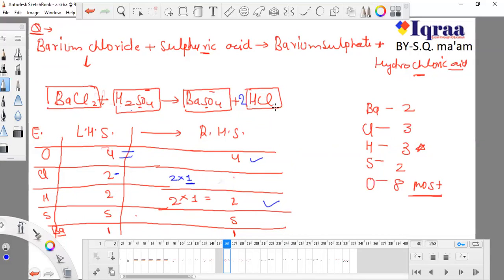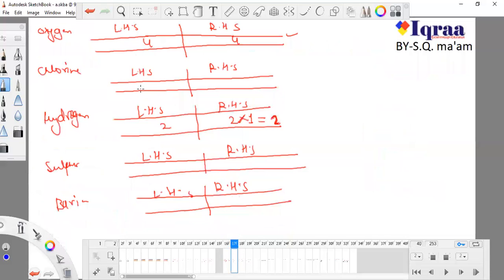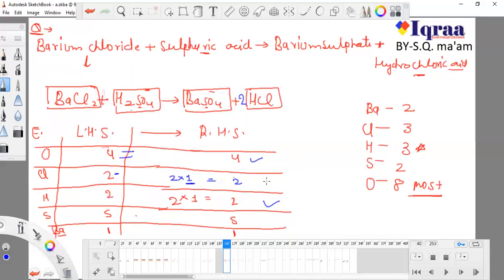There is no symbol, which means it was 1 before, and it suddenly changes to 2. So I have to do this with chlorine. It was 2 at the left hand side and 1 at the right hand side, but I multiplied this by 2, so it will be 2. This is the long method.